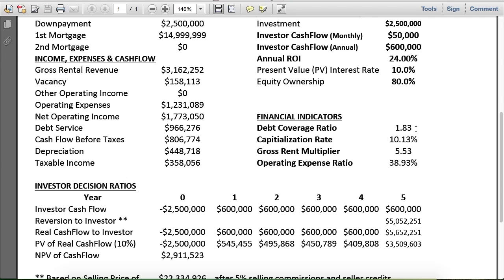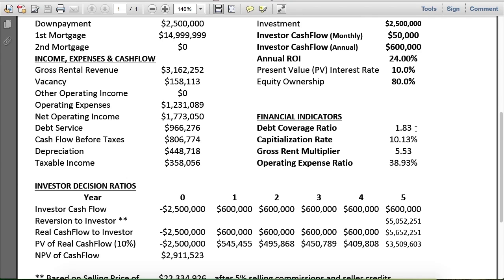Your gross rent multiplier. What this does is this takes into account all of your gross rents and basically computes it so you can compare that versus different properties. So a 5.5 is very good. And your operating expense ratio.